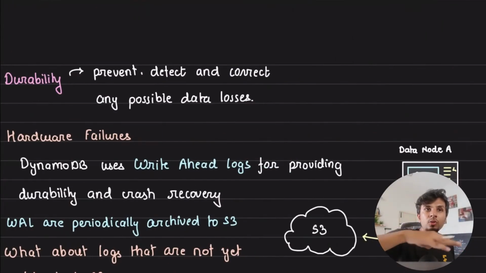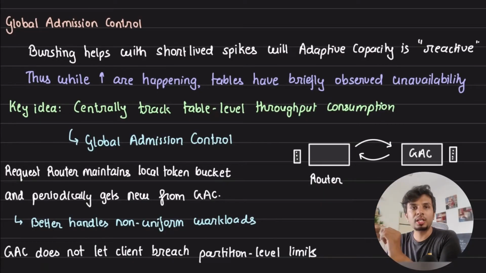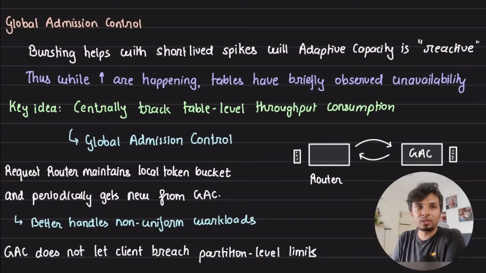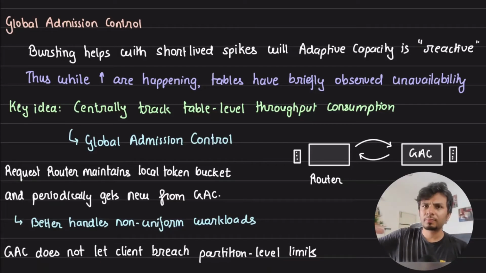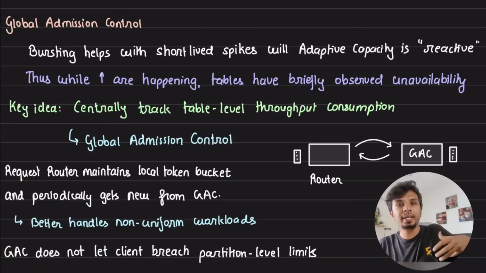But when it goes to the storage layer, all the things that we discussed on the storage side still hold true. Your adaptive capacity and so on would still hold true exactly like that. You're bursting your capacity, so you are not limiting anything.